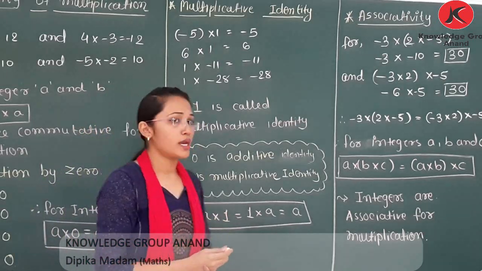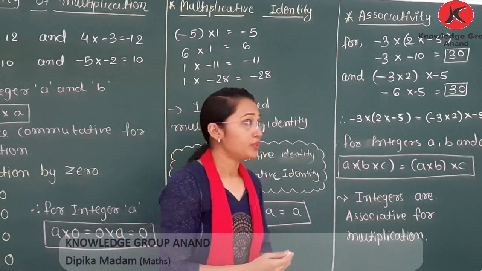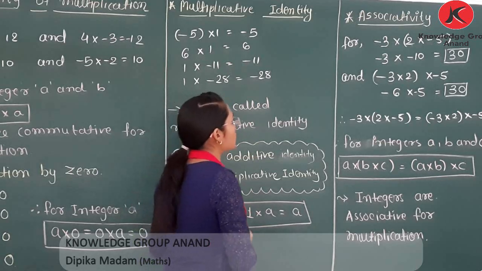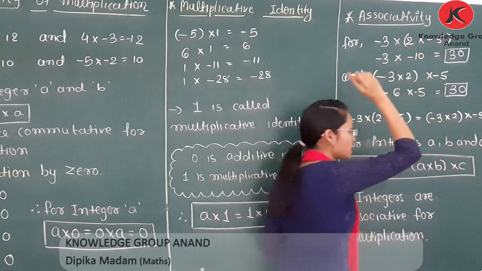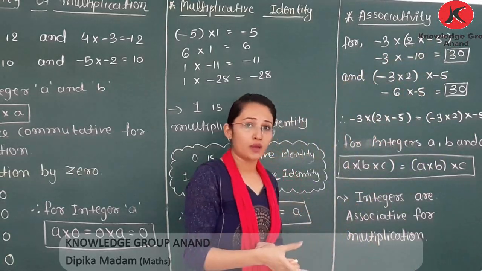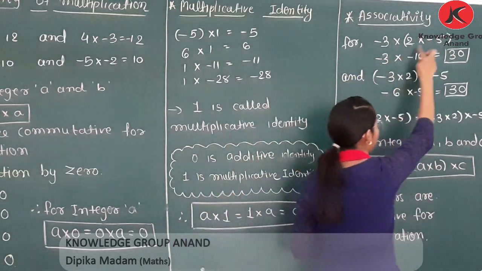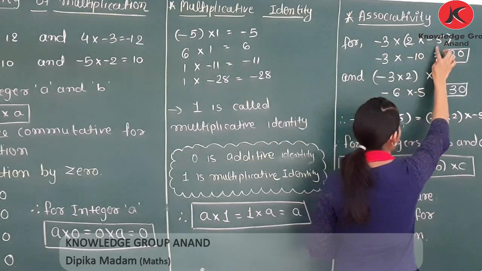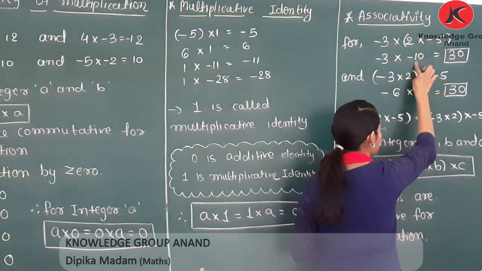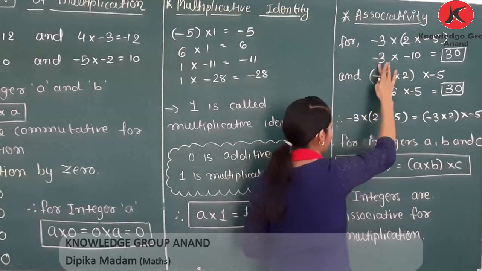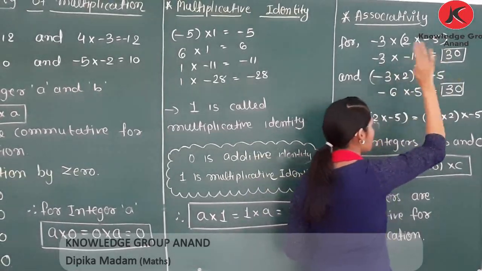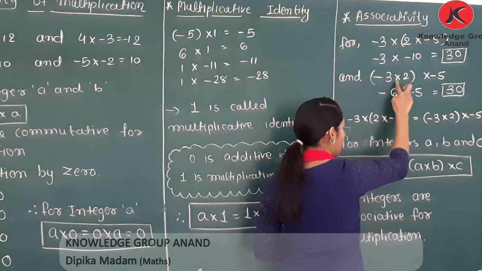Same we need to check for multiplication. Here I select three integers that are -3, 2 and -5. For first time I make a group of second and third. So 2 multiply -5 that is -10, and after that I multiply the first integer that is -3 multiply -10 that is 30.